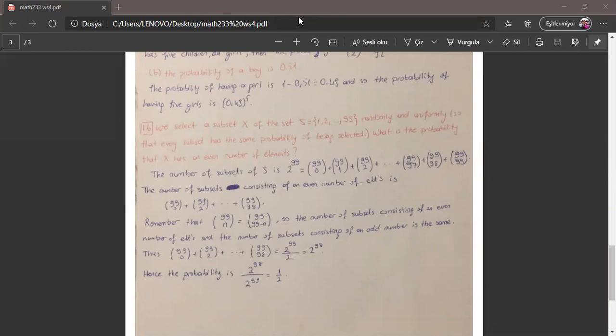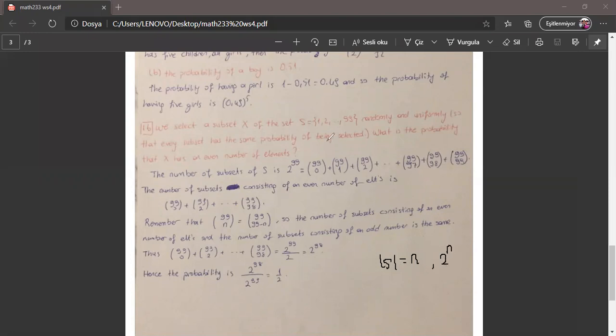If the number of elements of a set is n, then the number of subsets of this set is 2 to the n.